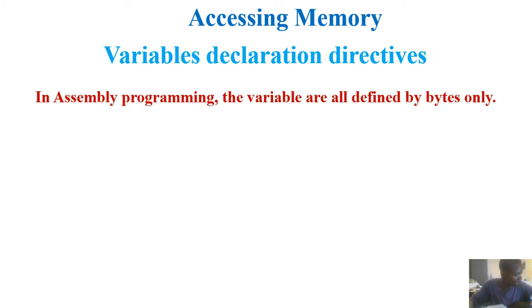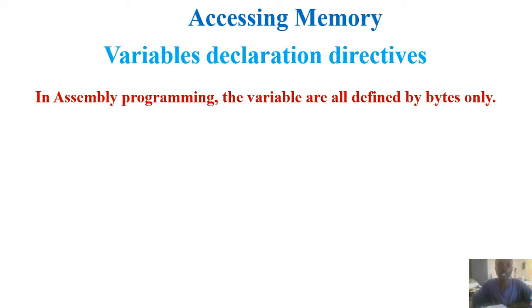For instance, in C programming we say int, and we know that by saying int we are actually stating the size of that variable and the type as well. But here in ALP we do not state the data type.